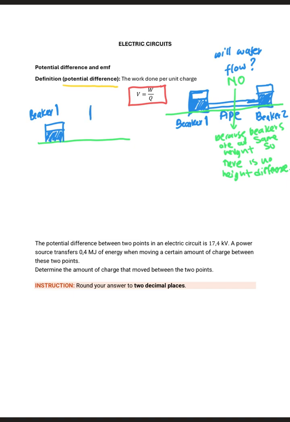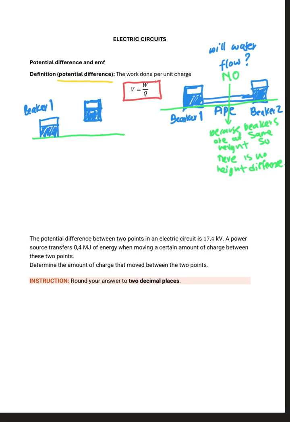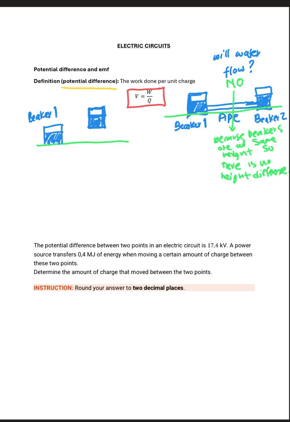The beakers are the same, they have the same volume and the same amount of water, and the level of water is the same. But because we have lifted the other beaker, we make the pipe look like this so that it can connect the other beaker, right?